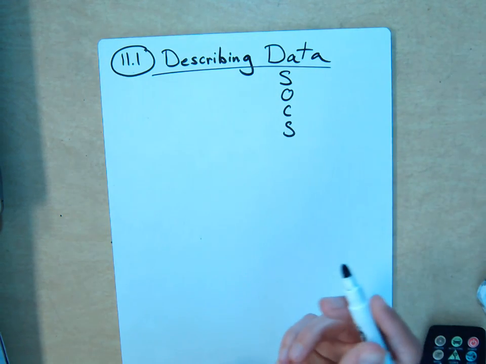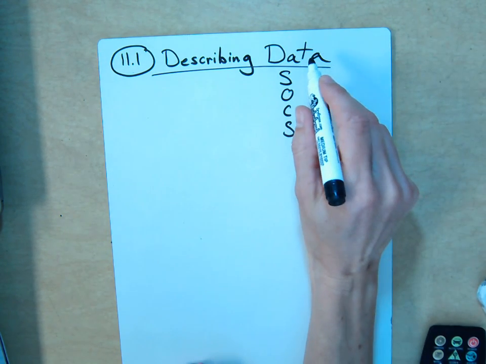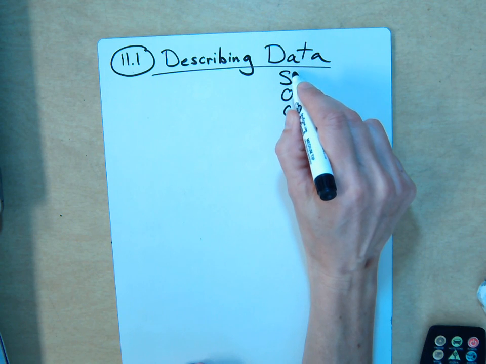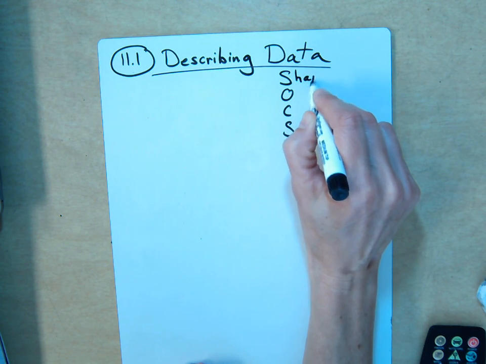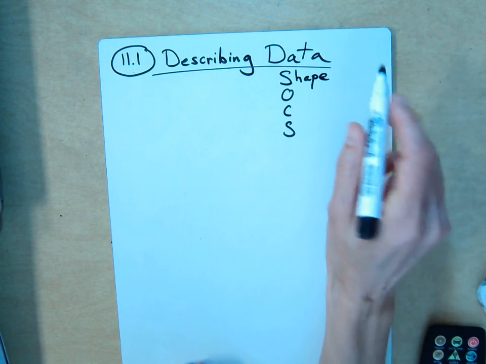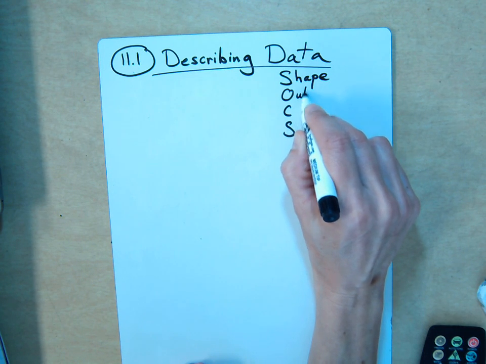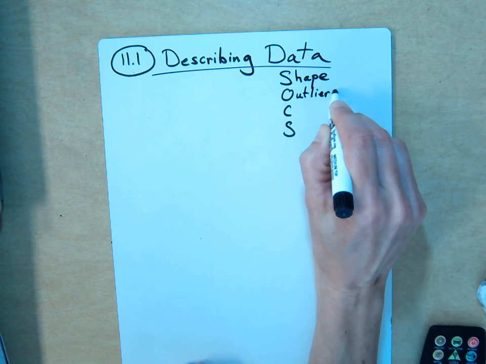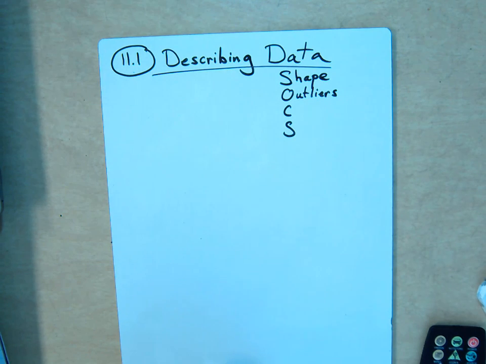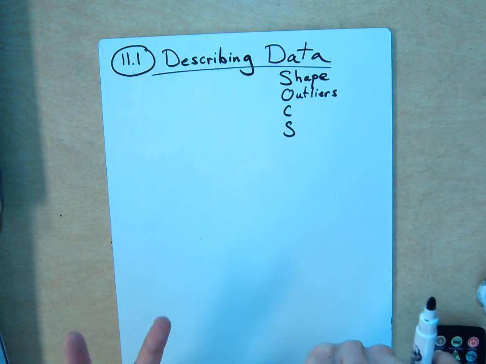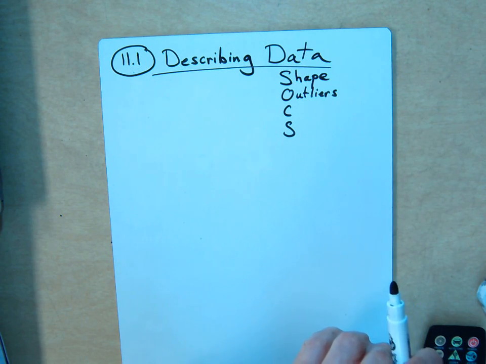So whenever you're looking at data, you want to describe the characteristics: the shape, the outliers, which are those data points that are much greater or less than most other values. We just have an informal definition right now of outliers.